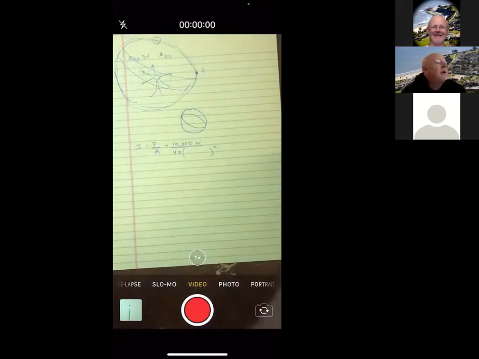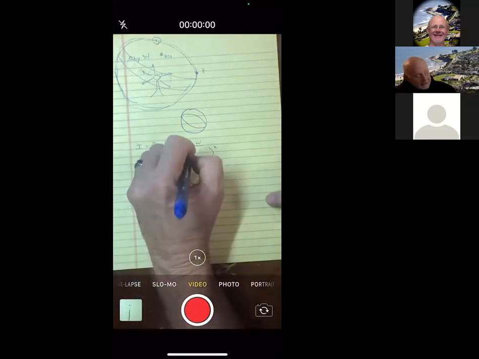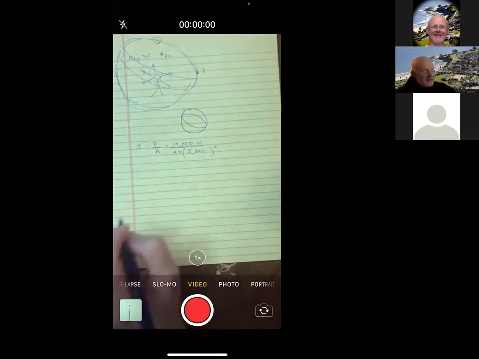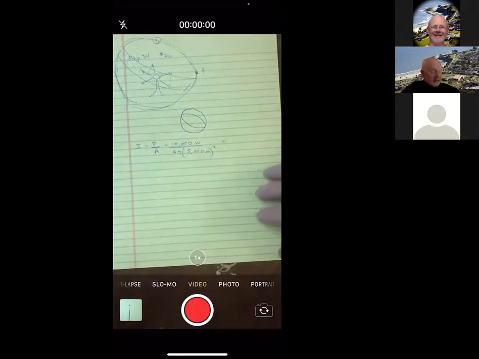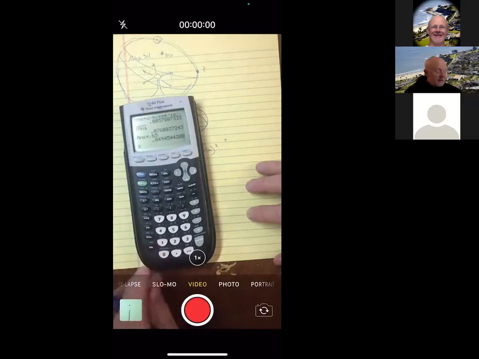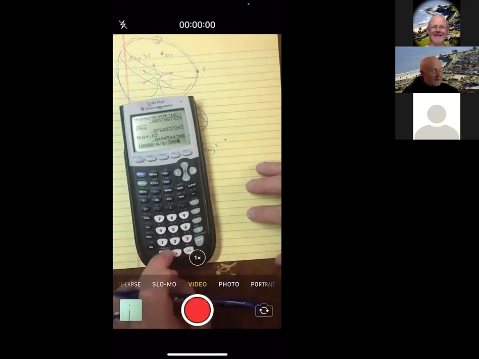Now, let me come back to the problem. We were how far away? 5 kilometers. So that is 5,000 meters. That gives me an intensity of 10,000 divided by 4 pi times 5,000 squared.